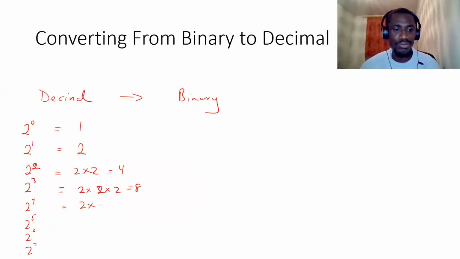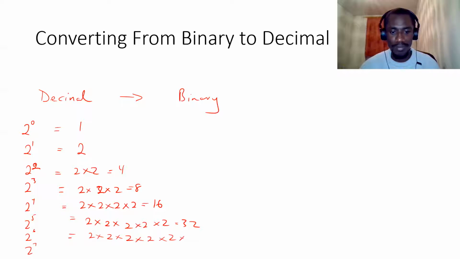Then 2 power 5 is 32. We also saw 6 of the 2's giving us 64, and the last one was 2 power 7, which is 128.